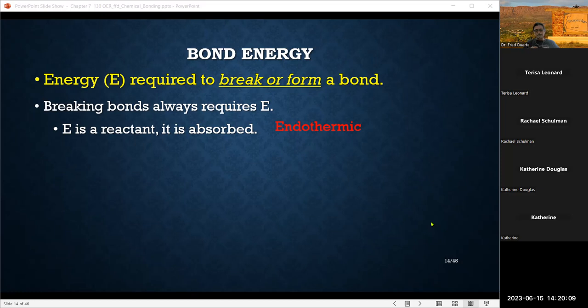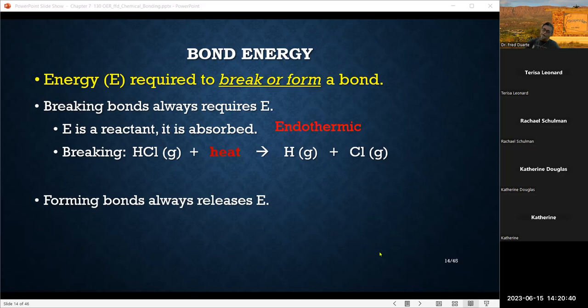That's a cold process. If you go to, like, CVS pharmacy and buy yourself a cold pack, you smash it, and that thing gets cold. That's an endothermic process. Okay. And so here you have HCl plus heat or energy as a reactant because it's breaking the bonds and it generates the hydrogen atom and the chlorine atom.